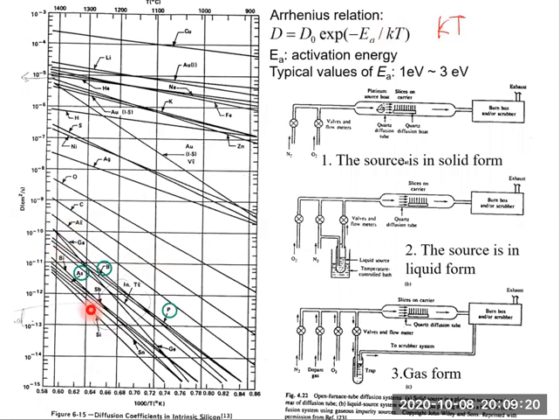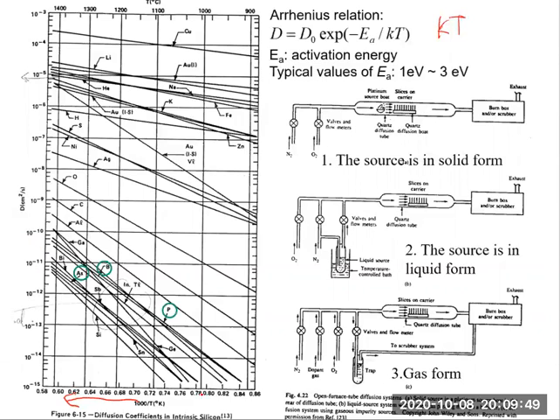This figure plots diffusion coefficients of various materials in intrinsic silicon. Note that the horizontal axis is 1000 over T, so the temperature is higher on the left side.